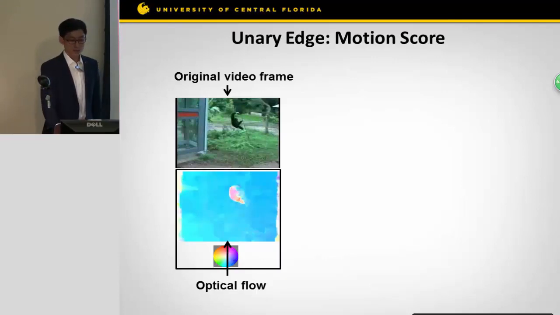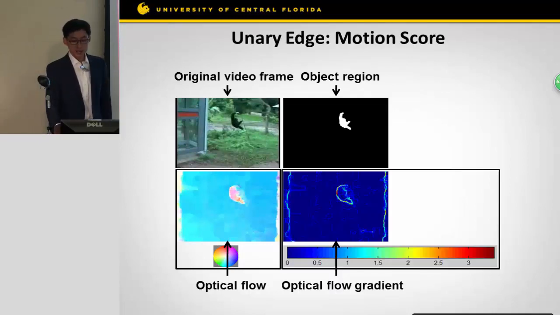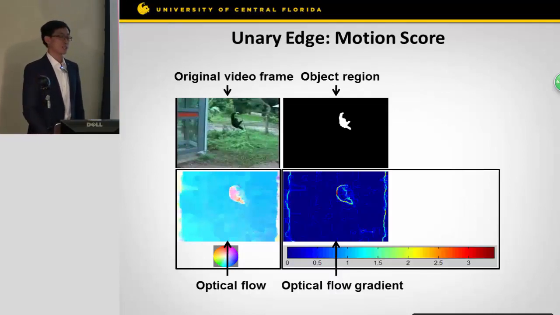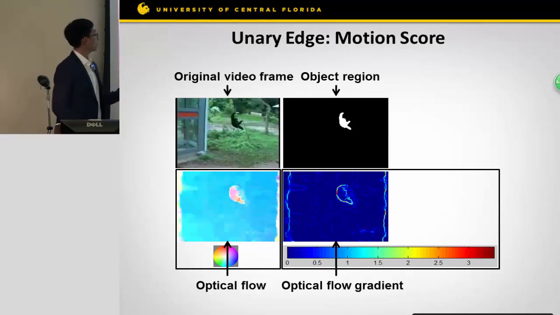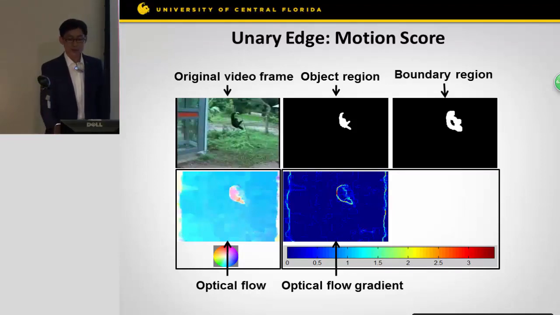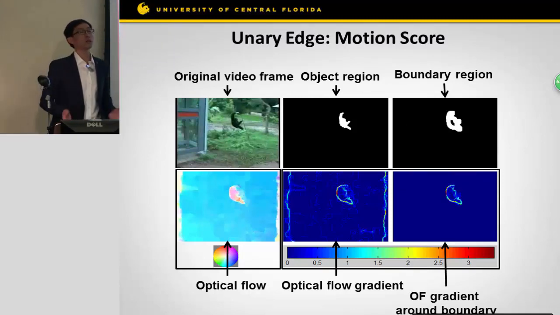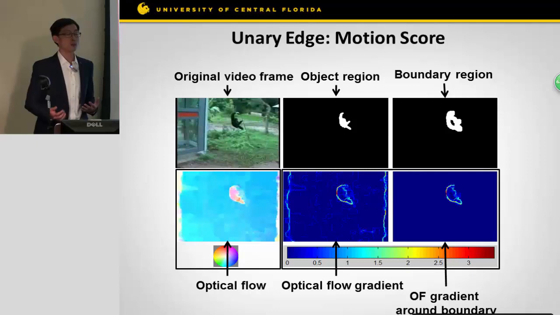For one video frame, we calculate the optical flow here, and this is the object region, and this is the optical flow gradients. As you can see, the optical flow gradients have higher values around the boundary of the object region. That's why we get the boundary region of the object proposal, and then we use the optical flow gradients around the boundaries to compute the motion score.